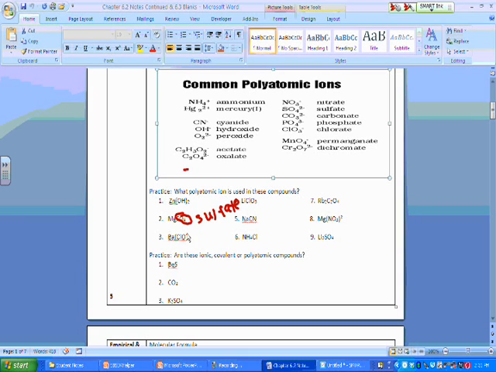On number 3, you have parentheses on this one also, so that helps, and it's chlorate. In number 4, you have chlorate again. It's right here. It's just not in parentheses because one was not needed. In number 5, you have cyanide, like we did in our example.